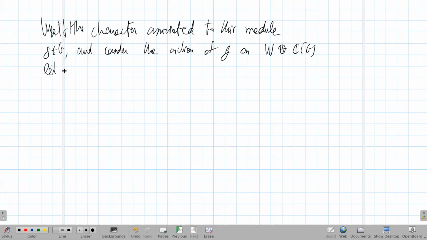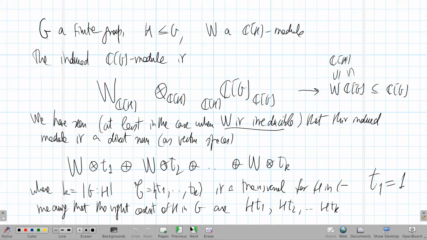So let us look at the matrix, which is then rho of g, the matrix of this action, with respect to the natural basis, which is given by this direct sum.